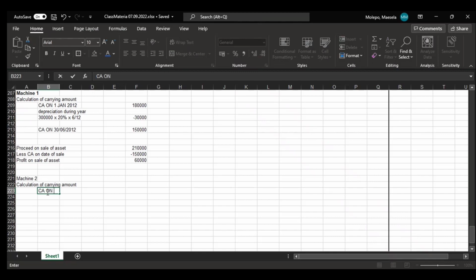The carrying amount on 1 January 2012 was how much? They gave us 200,000 for the carrying amount on 1 January 2012. Then depreciation during the year.